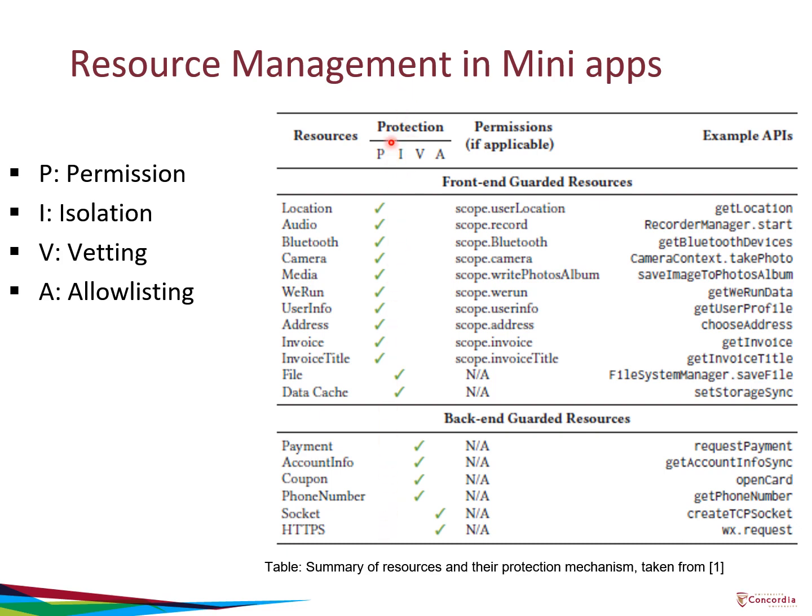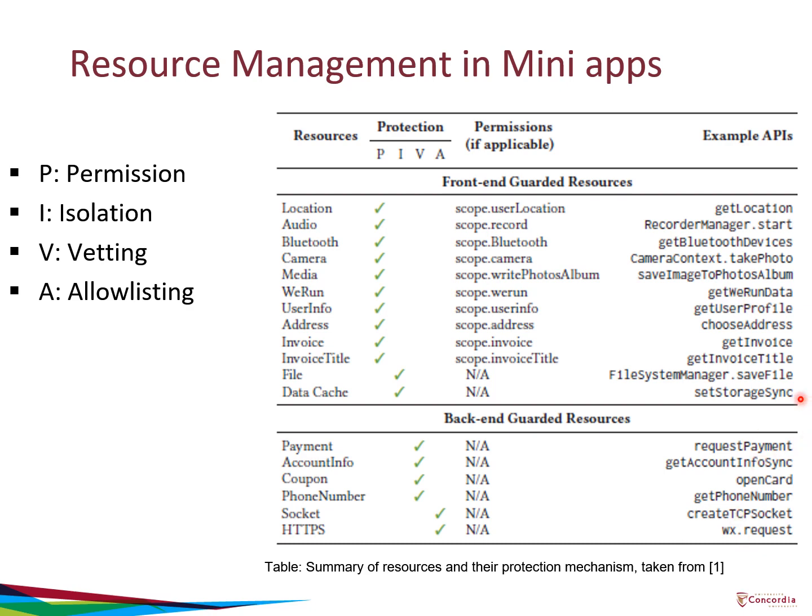There are four: PIVA, where P stands for permission, I for isolation, V for vetting, and A for allow listing. In the next column, we have the permissions, if applicable. This is for subjects or objects, and the example APIs listed here.